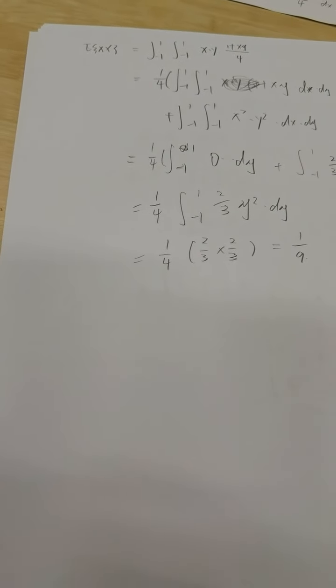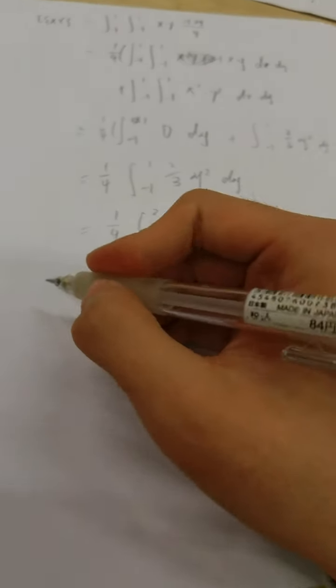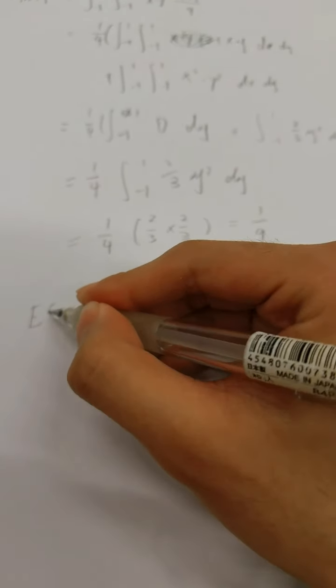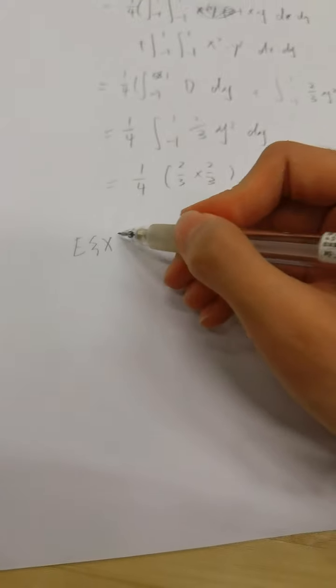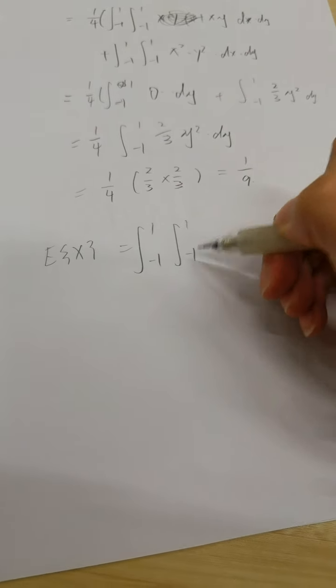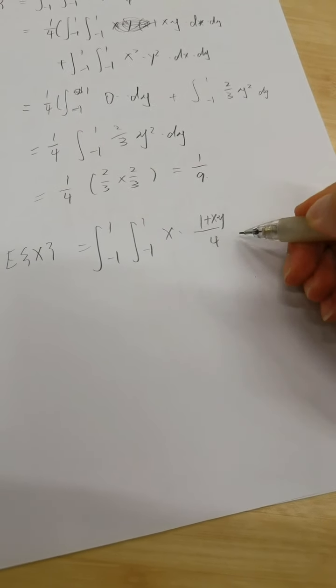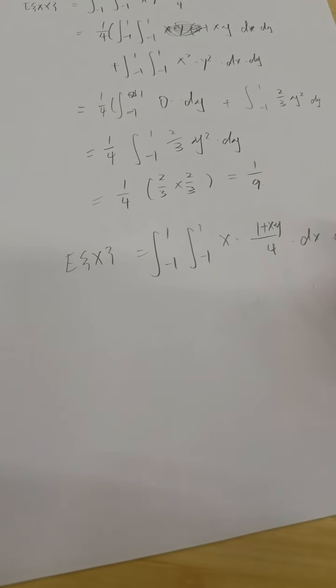After that, we need to calculate E[X] and E[Y] separately, because we want E[X] times E[Y]. So let us calculate E[X] first, which is the double integral from negative 1 to 1, negative 1 to 1 of x times (1 plus xy) divided by 4 times dx times dy.